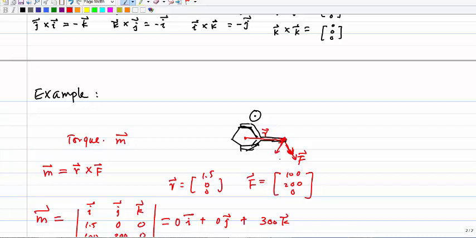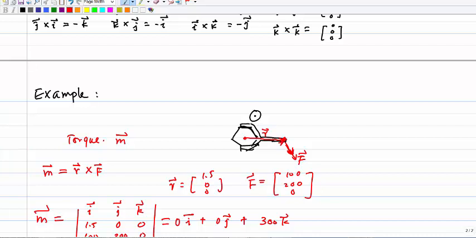The torque can be computed by R cross F. R is your vector from the center of the bolt to the point where you apply the force, and F is the force applied, including the magnitude and direction.